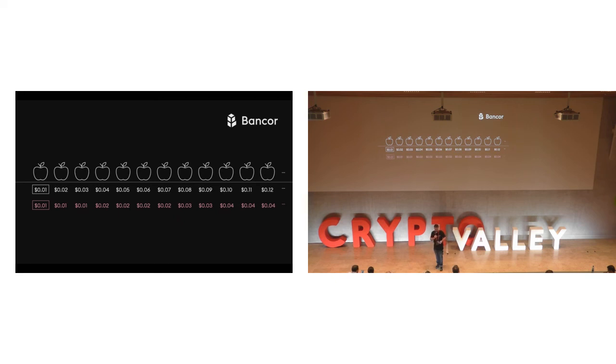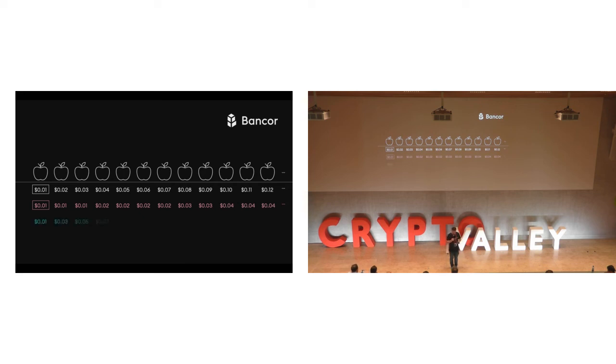So in this case, you can sell up to 3 apples for 1 cent, and then up to another 3 apples for 2 cents, and another 3 apples for 3 cents, and so on and so forth. And so this is effectively that liquidity amplification, right? That concentrated liquidity effect, where the price moves more slowly.